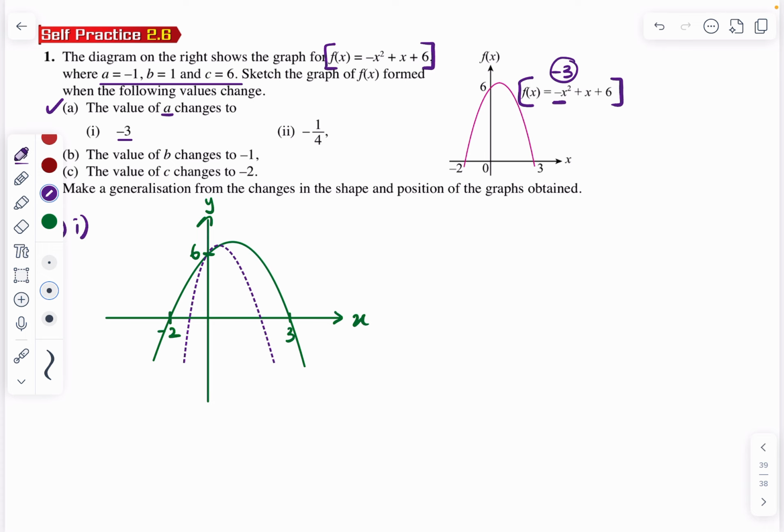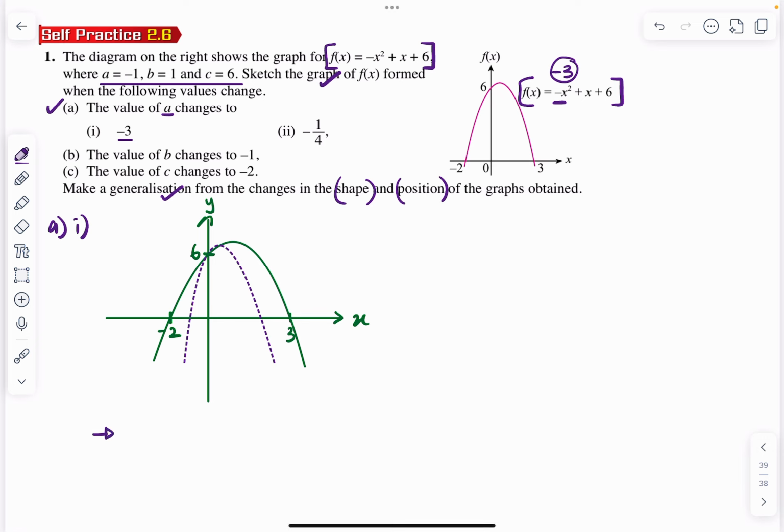They asked us to sketch the graph and also make a generalization from the changes in shape and position of the graph. So what we can say, the graph width has reduced, but the y-intercept stays the same. It's still the same.